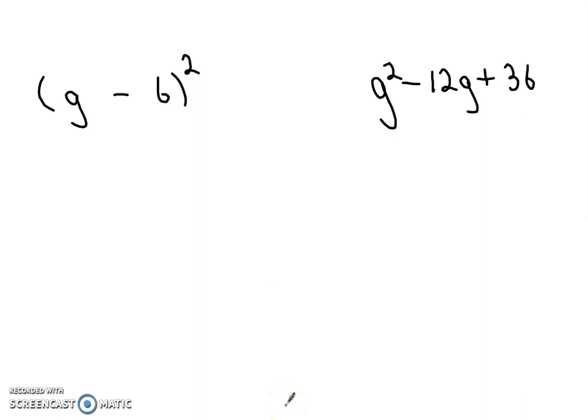Okay? Now, how about something like this? Now that's going to be a different variable, t squared plus 8t plus 64.